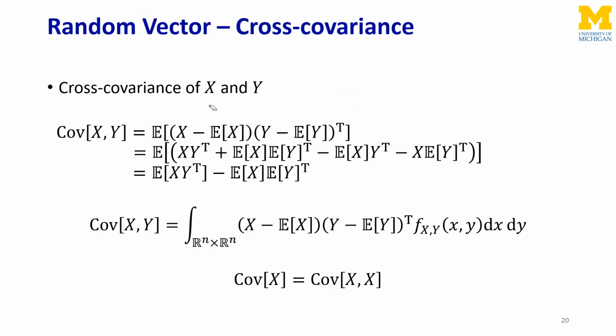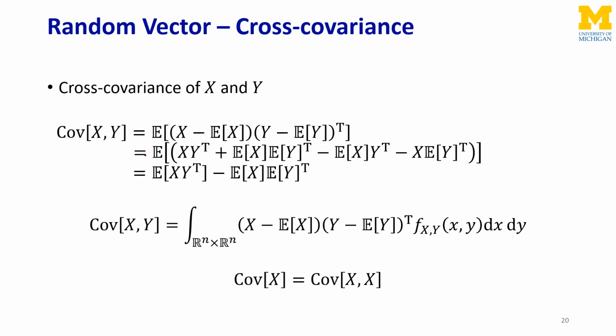So if you had two random vectors, x and y, you can look at the cross covariance between x and y using this expression: the expected value of x minus the mean of x times y minus the mean of y. So cross covariance of x and y intuitively is not really a relationship, but how much can you predict the values of y if you knew the values of x. That's what cross covariance is capturing.